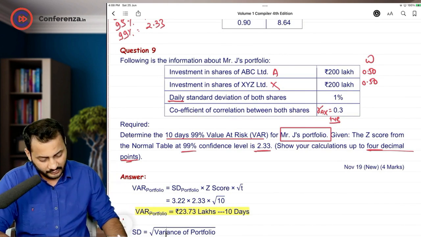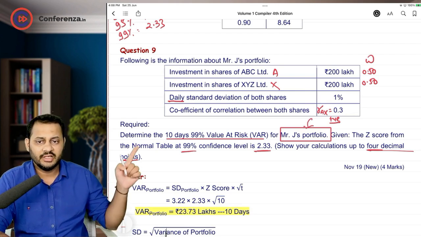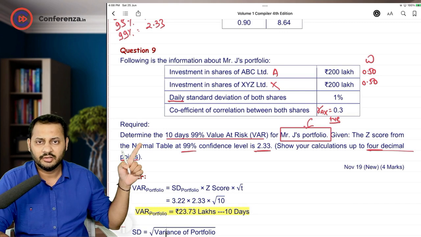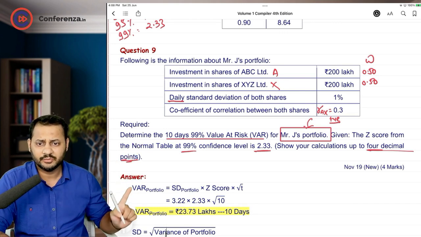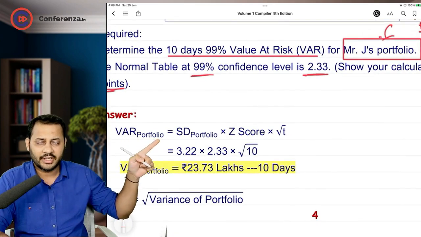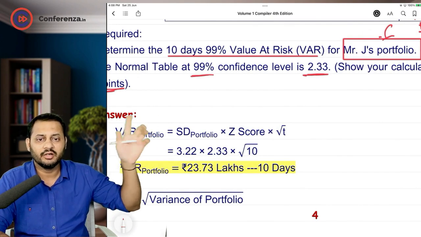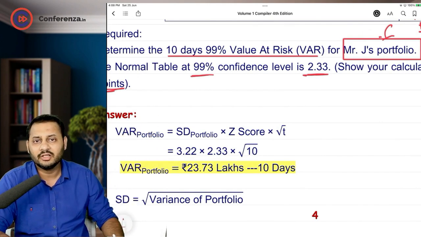Good. Now let's go ahead and write down the portfolio. If we need a portfolio VAR, we should have the standard deviation of the portfolio. So let's look at this. VAR of the portfolio is equal to standard deviation of the portfolio into Z score into under root T. Why is that under root T?